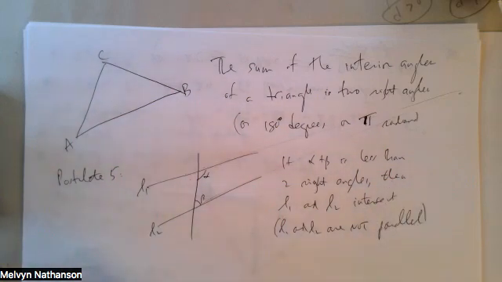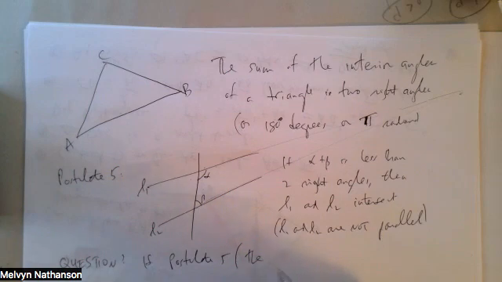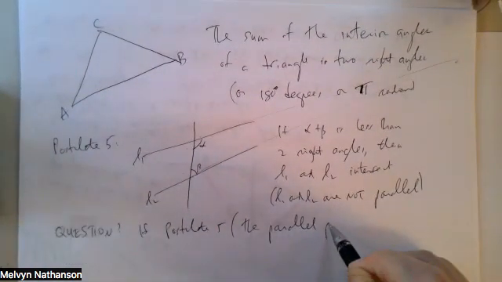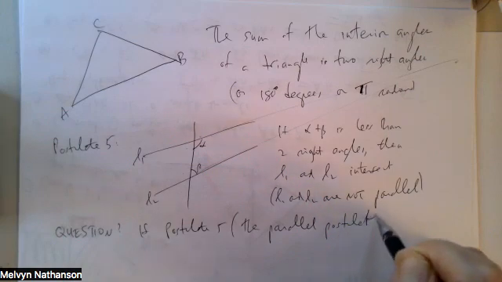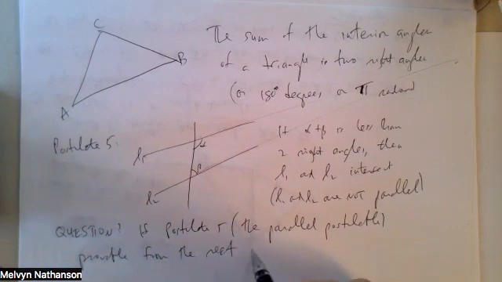So there was the following question: is this postulate 5, which we can call the parallel postulate, provable from the rest of geometry?